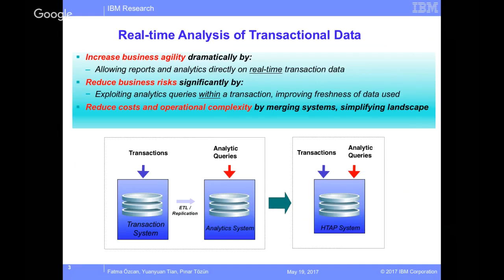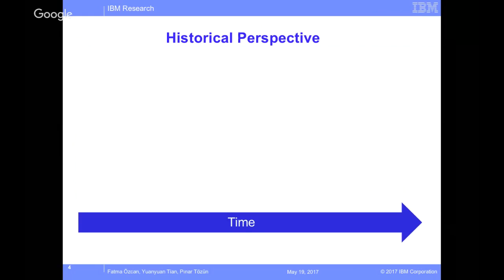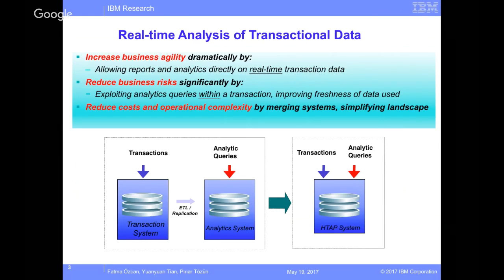Okay, so let's take a look. Why HTAP? Why do we need it? Where is this coming from? Actually, step back. The status quo is we have a separate transactional system which runs the operational business. All the data gets inserted into the OLTP transaction system. Then there's a step called ETL, extract, transform, load, that moves the data from the transactional system to the analytical system so that you can do analytics and your OLAP queries.